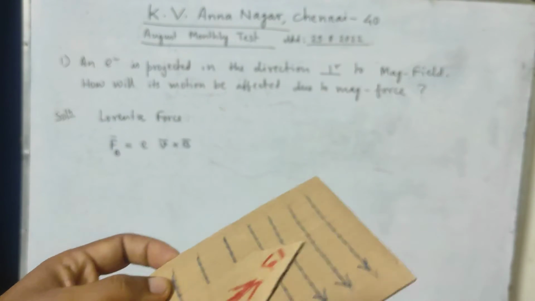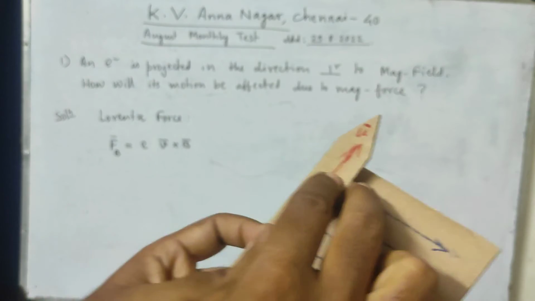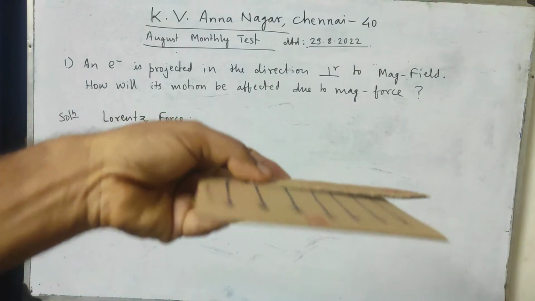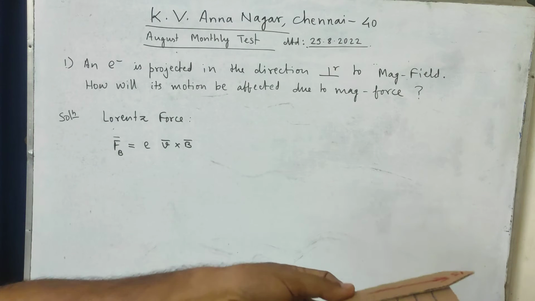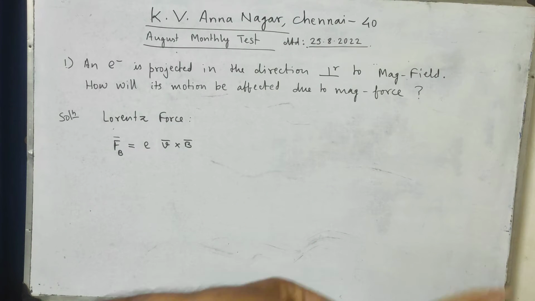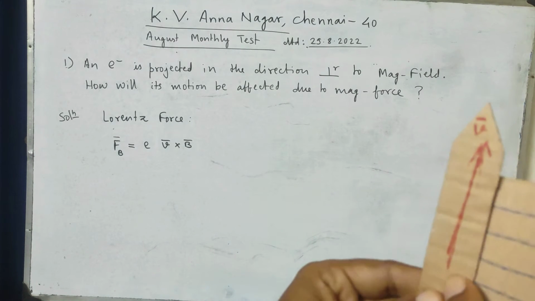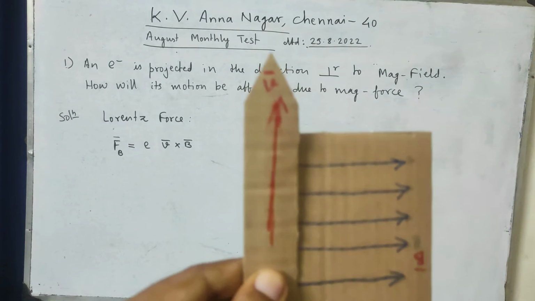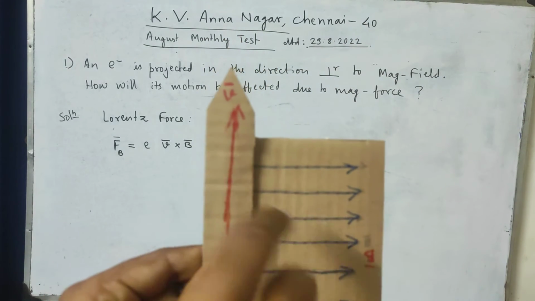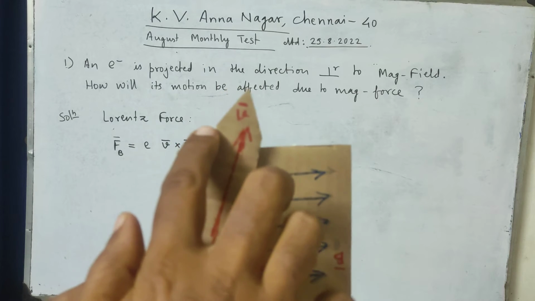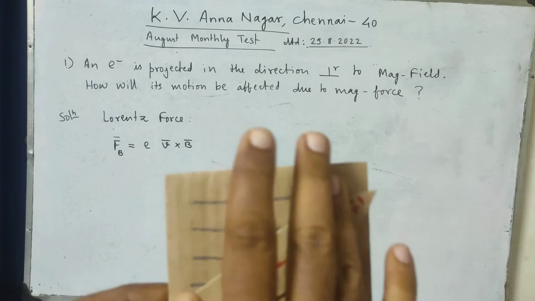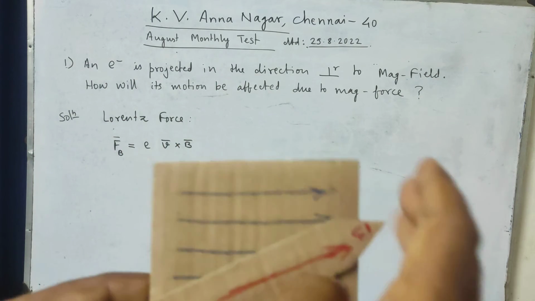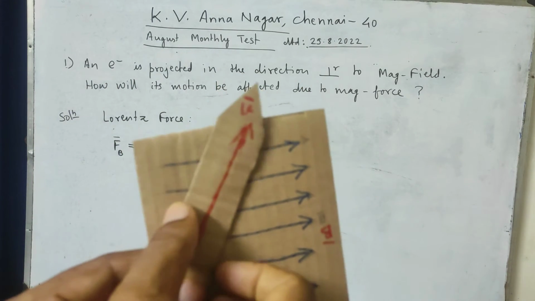Suppose it is coming out of the plane. Here B and V are perpendicular to each other, right? So V cross B means we have to go clockwise, from V to B, in this manner.